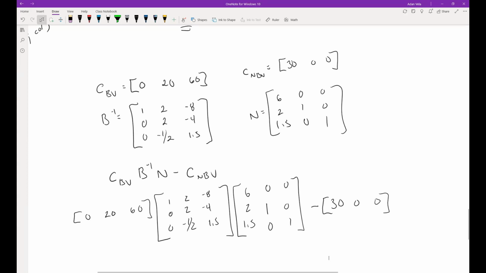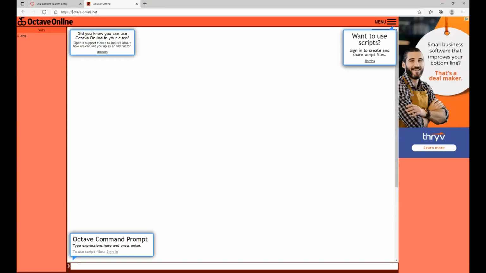Sometimes I use Octave Online, maybe you guys find that useful. If you're used to using MATLAB, you can certainly do that. So here goes octave-online.net, and we can test this out and figure out if we get what we expect.